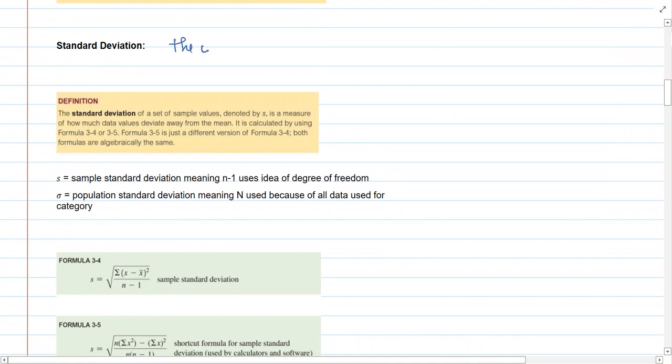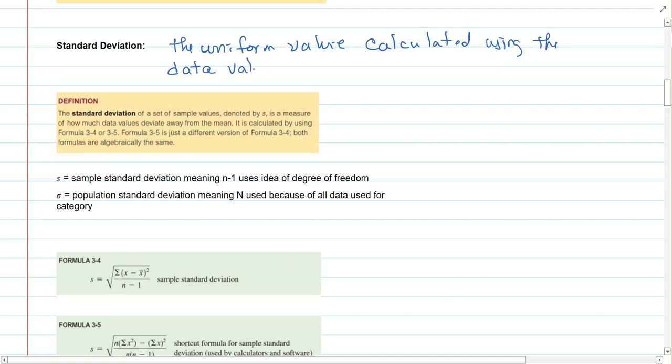It is the uniform value calculated using the data value minus the mean, divided by the numbers and quantity. And if it's a sample, it's n minus 1.